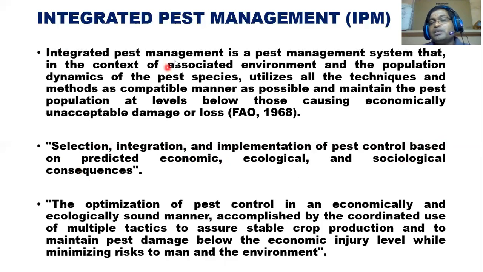Because you are implementing integrated pest management, you have to think about economics, farm profitability, ecological factors, and social acceptance. If you are applying chemicals, nowadays the public are not accepting, no? Therefore, you have to consider and integrate all. It's called the decision making process, right? The decision making process and how you are going to implement it.